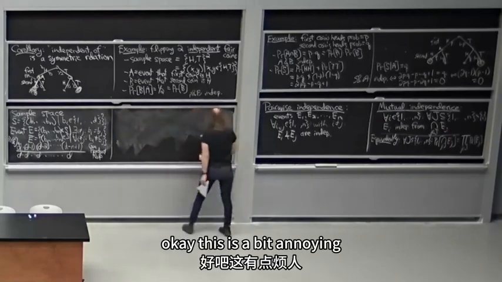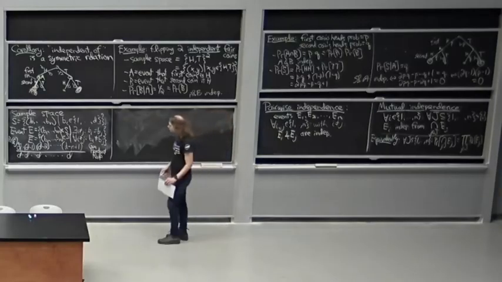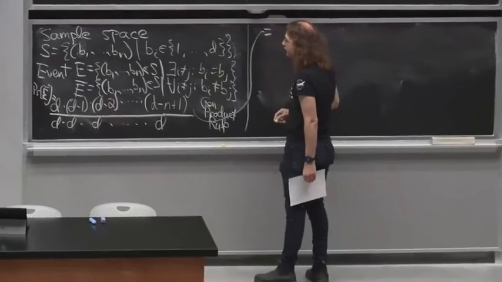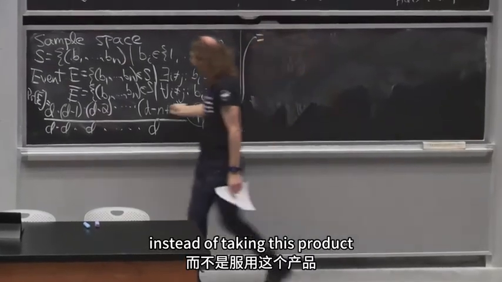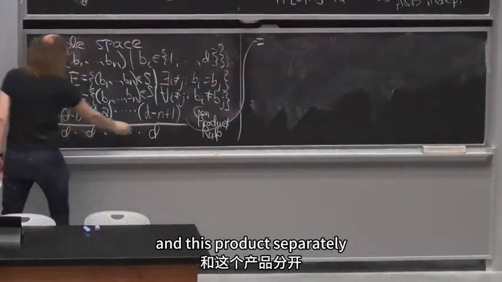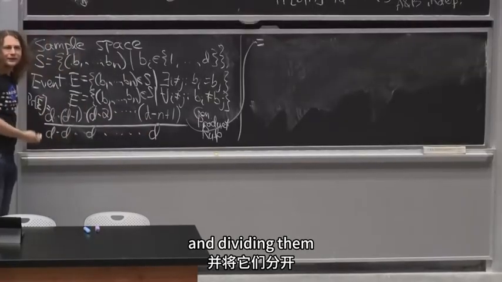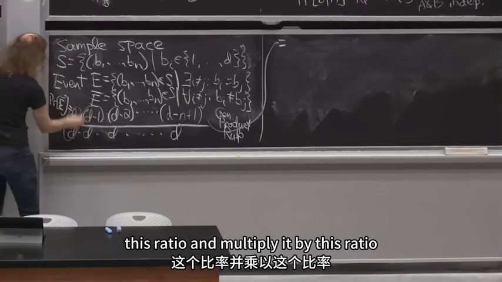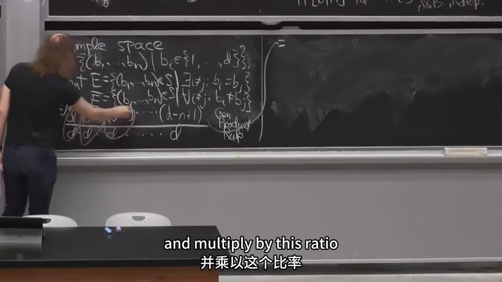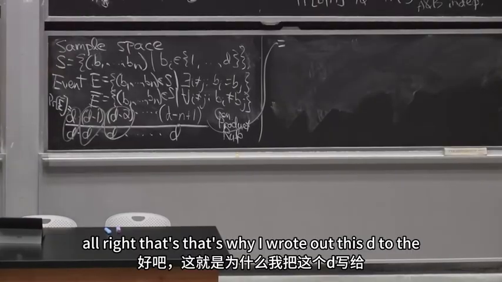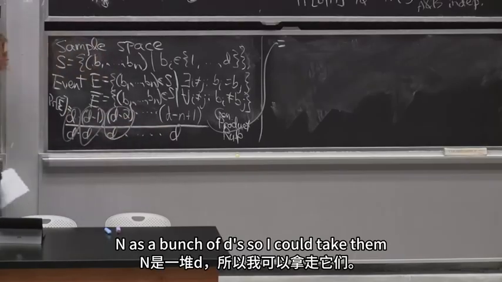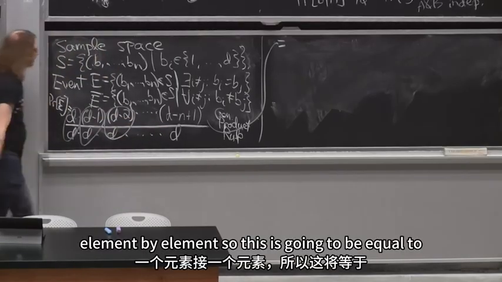Okay, this is a bit annoying. But one big insight: instead of taking this product and this product separately and dividing them, I could take this ratio and multiply it by this ratio and multiply it by this ratio, and so on. That's why I wrote out this d to the n as a bunch of d's, so I could take them element by element.